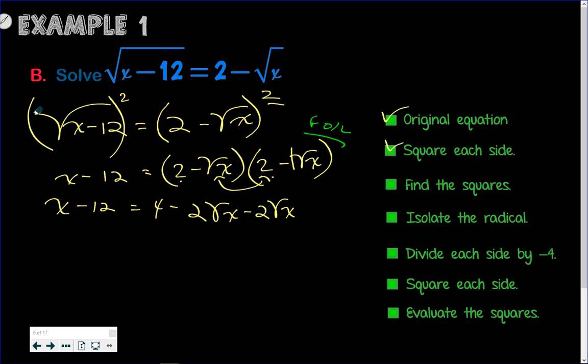Same thing, right? And then the last, square root of x times square root of x is actually just going to be what? x, right? Positive or negative? Very good. Do you have any like terms you can combine? What would they give me? Negative 4 square root of x. Very good.